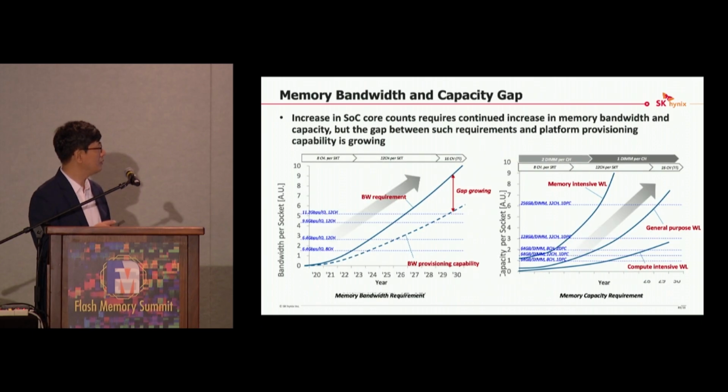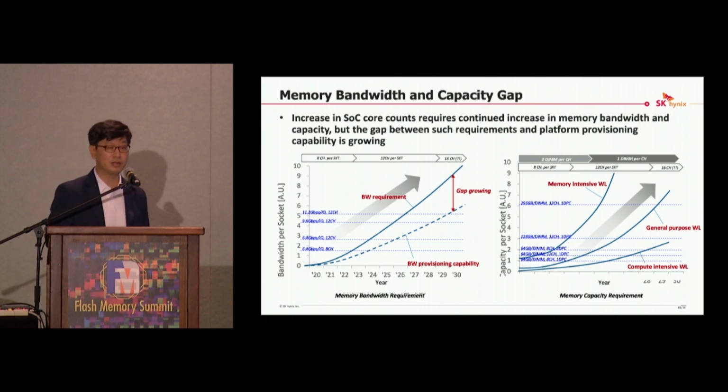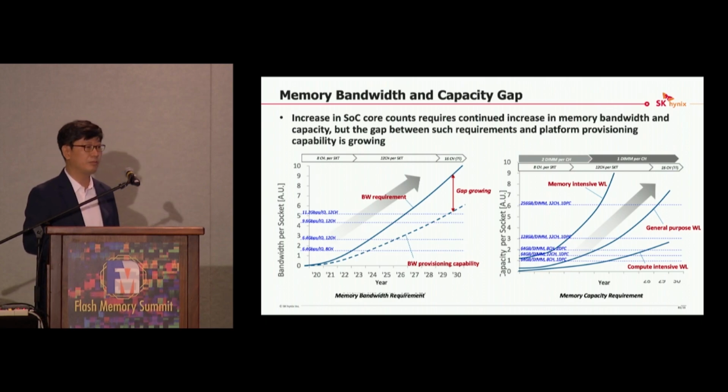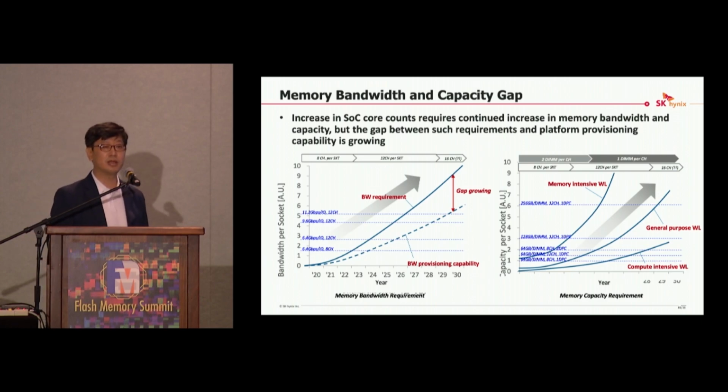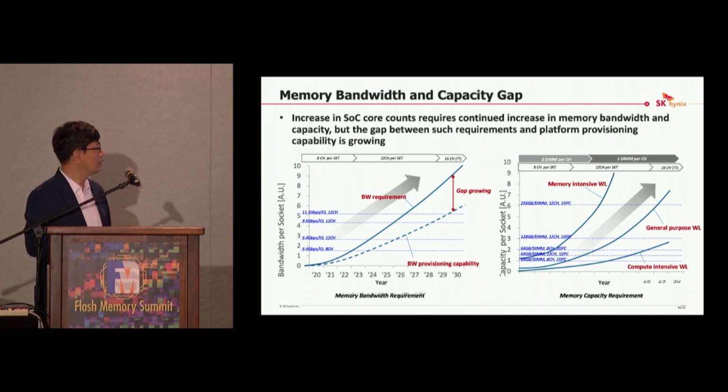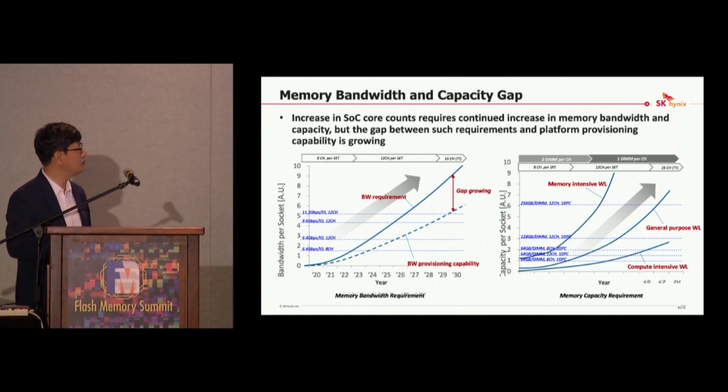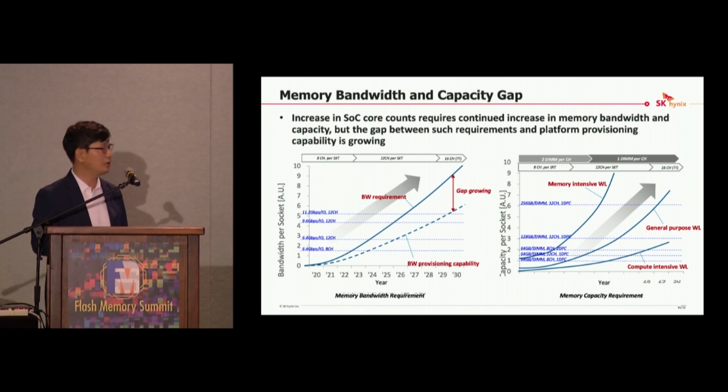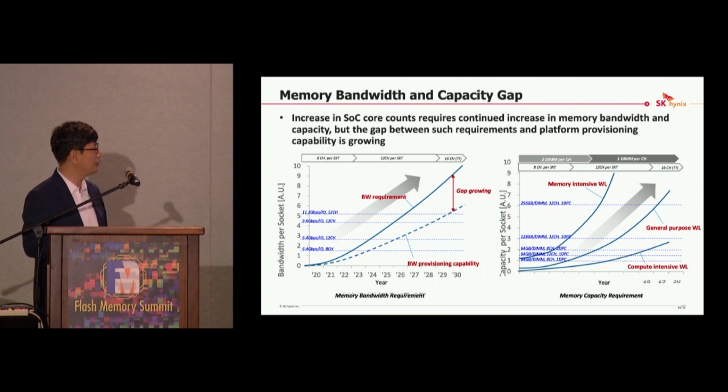And the first item will be about this expanding memory capacity and bandwidth. But before I explain that, I would like to explain to you about what the current limitations are in existing server platforms. So increase in SoC core count requires continuous increase in memory bandwidth and capacity, as shown in this view graph here.